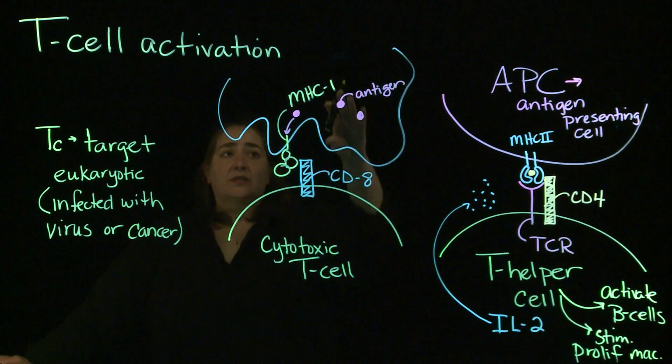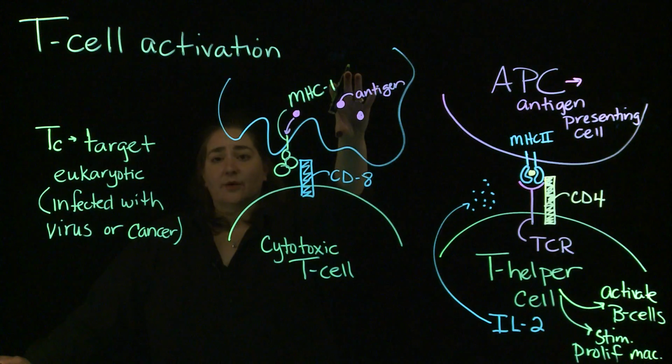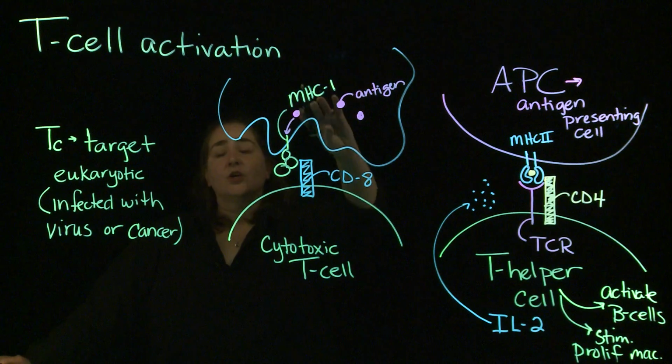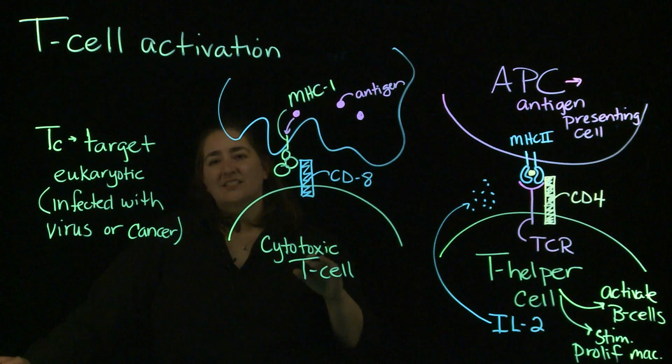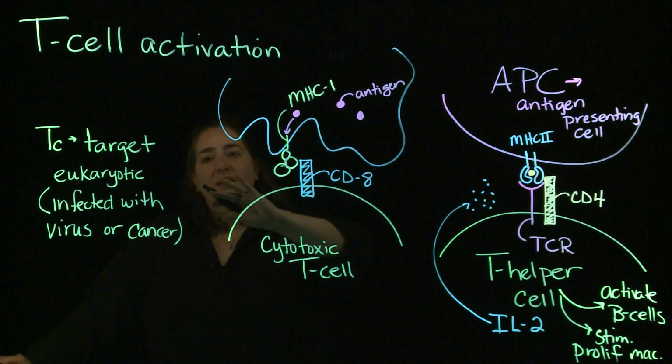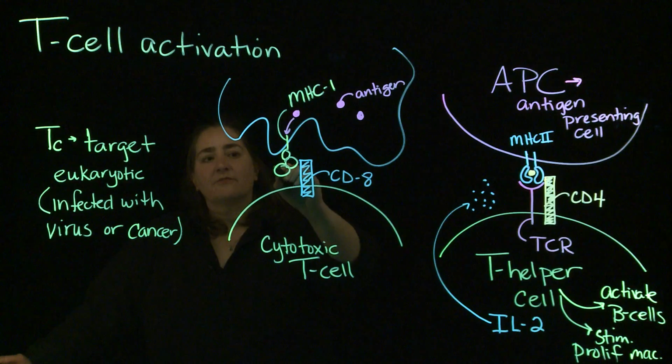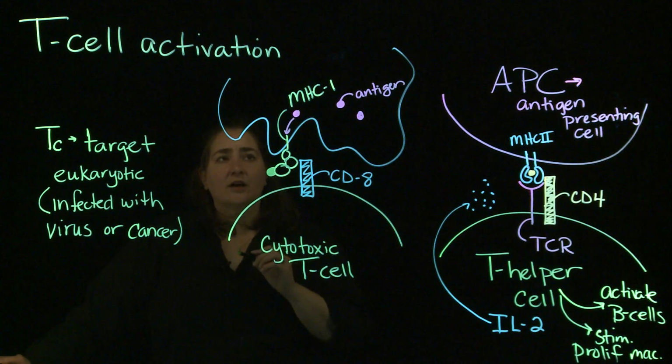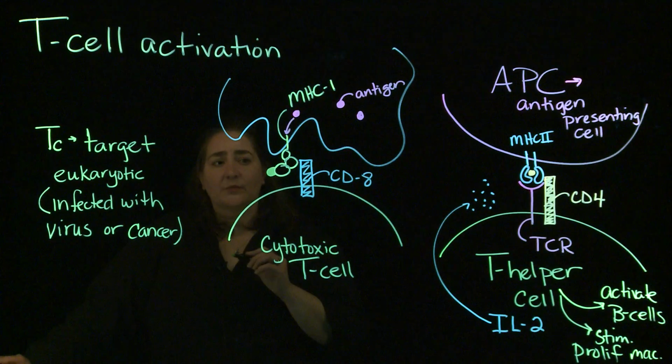Because if you have virus actively replicating inside this cell, you've essentially got the antigens inside the cell. What that's going to do is, you can kind of think of it as modifying our MHC1 a little bit.